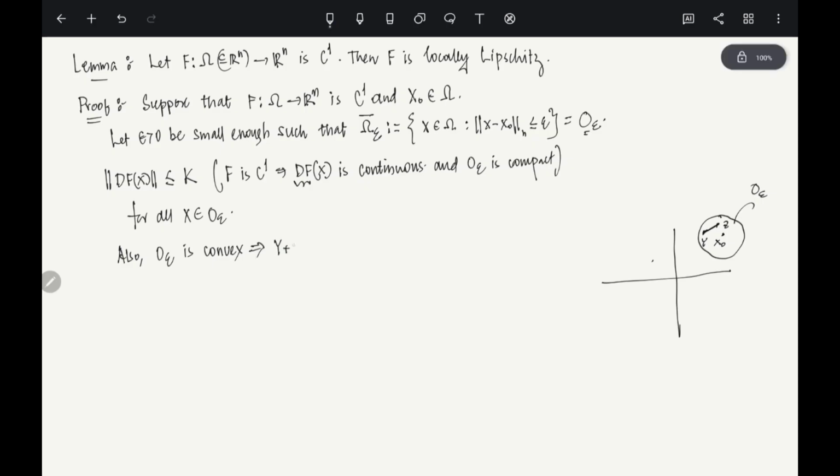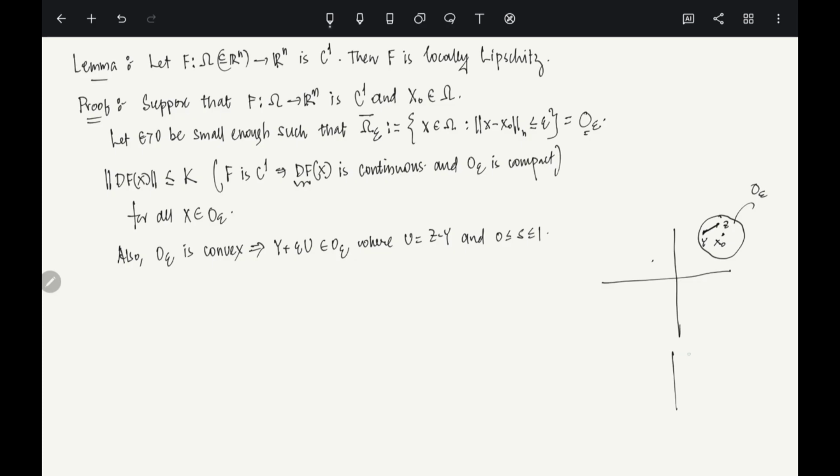y plus s u is in O epsilon, where u is z minus y and 0 is less than or equal to s less than or equal to 1. Why is this true?